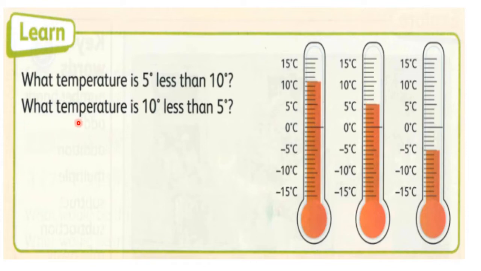What temperature is 10 degrees less than 5 degrees? So from 5 degrees, if we go back 10, we go 5 to 0, and then minus 1, minus 2, minus 3, minus 4, minus 5, which is 10 degrees. 10 degrees is 5 degrees positive and 5 degrees negative. 5 plus 5 is 10 degrees.